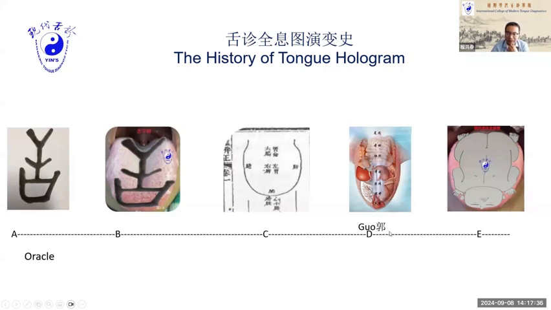This is a book published in 2008 by Dr. Guo in China, and in his book he published his own tongue hologram. But in this picture, you can see he put the heart on the tip of the tongue.